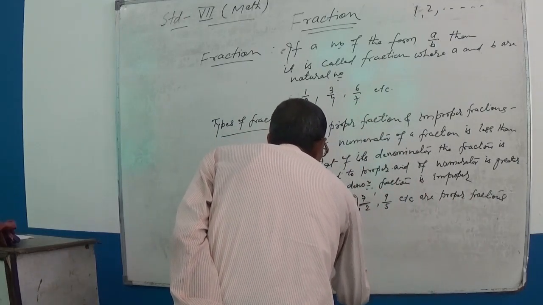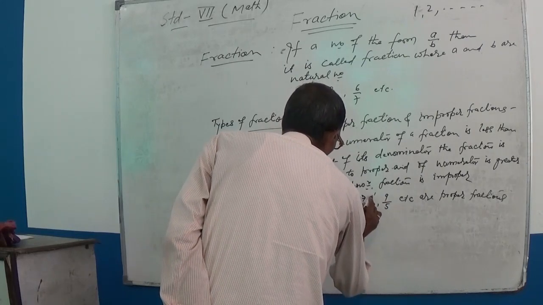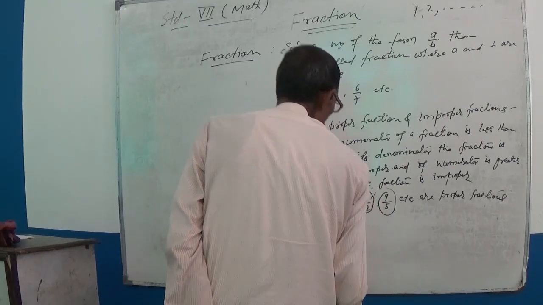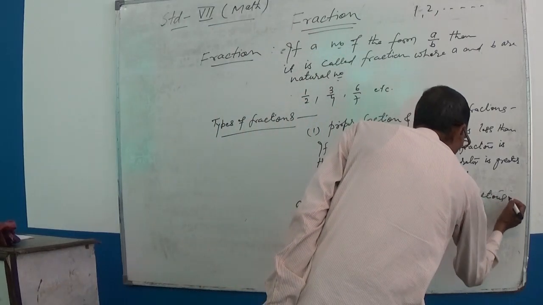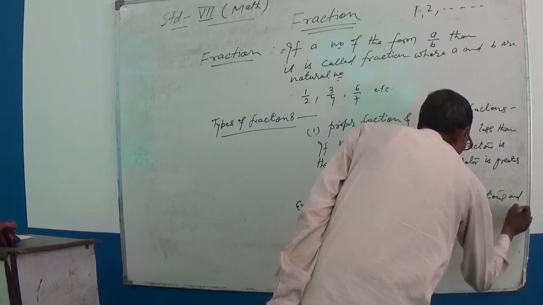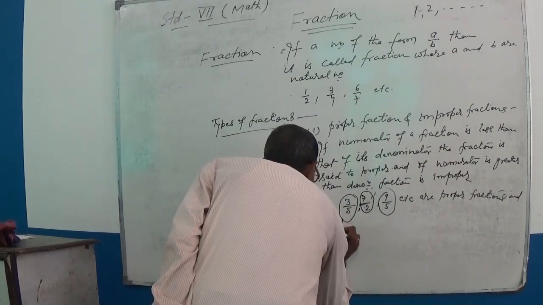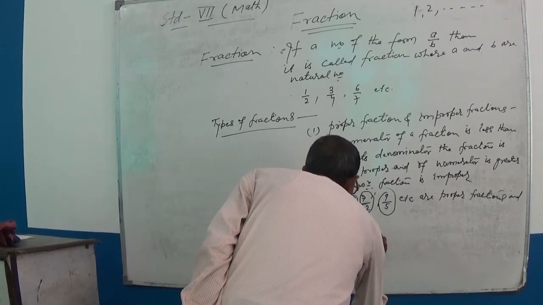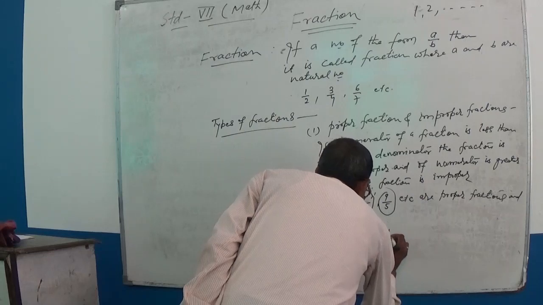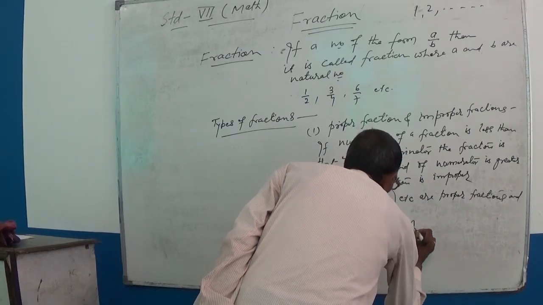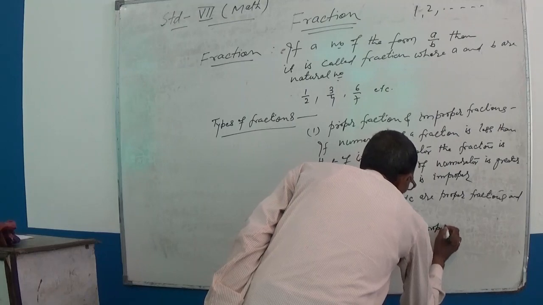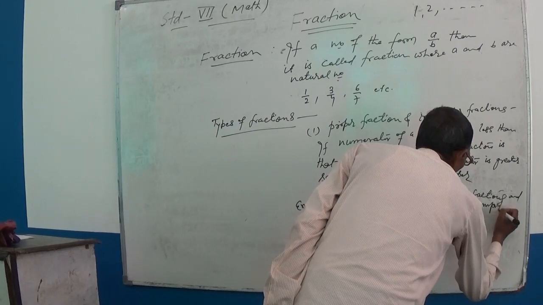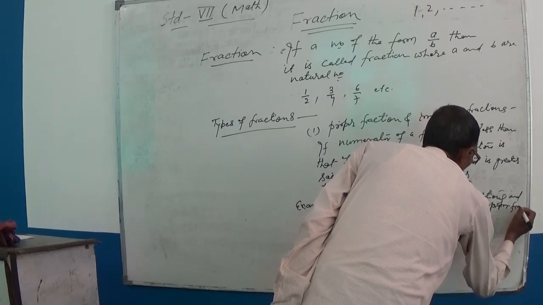Here 3 by 5 is proper, while 7 by 2 is improper. 9 by 5 is improper. This is proper. Improper. And improper fraction.